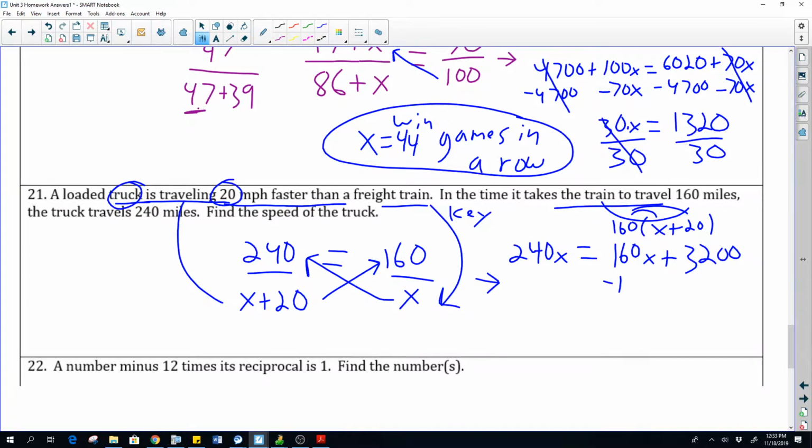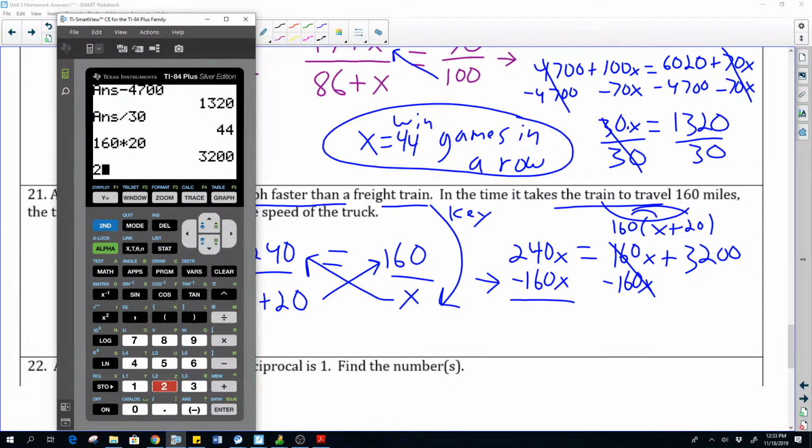Okay, so then last but not least, we're going to solve for x. Got to keep our x's happy. They're so mad you broke up with them. Keep your x's happy. So keep them positive by minusing the 160 over to the other side. So now we have the 240 minus the 160 is 80.